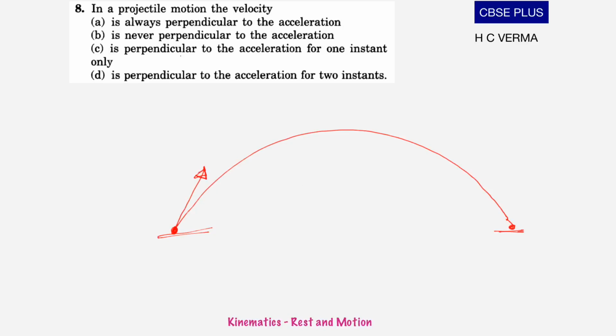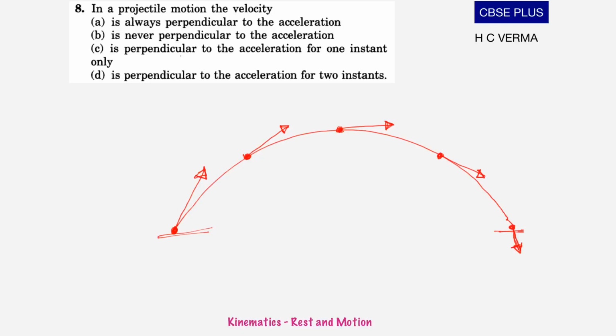If the ball reaches this point, the direction will be tangent to the path right here, and if it reaches the summit, the top point, then this will be the direction of the velocity. And then again it will reach here with the direction along the tangent, and then again it reaches here, and this time the direction is straight, along the direction of the ball.